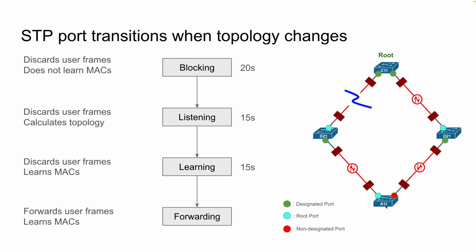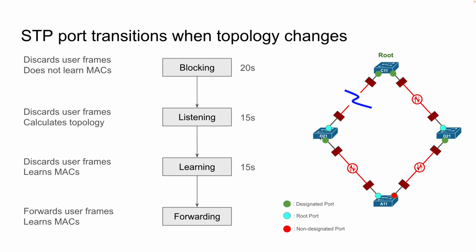So this A11 switch starts sending BPDU frames generated by the root switch, with recalculated fields like bridge ID, root path cost, and port ID. So it starts sending them towards switch D21 in this listening state. So every switch starts to hear from the root bridge over backup paths.